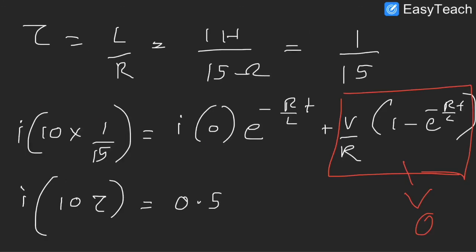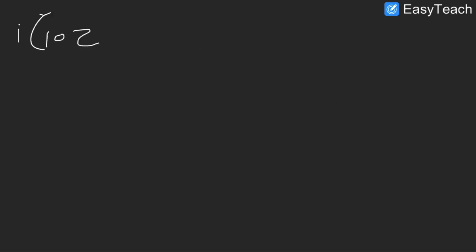So it's 0.5 into e to the power of minus t by tau. Our tau was 1 by 15, so t by 1 by 15 is 15t. So I at 10 time constants is 0.5 times e to the power of minus 15t.